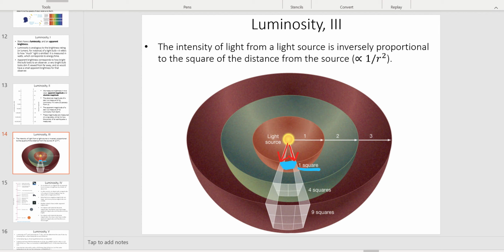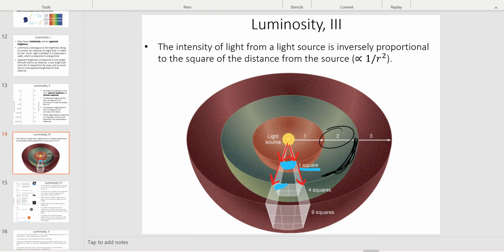Now let's go to an orbit, let's say this is a solar system, for the sake of argument, that is a distance of 2 away. Let's say 2 astronomical units. That same light that once passed through 1 square is now passing through 4 squares.